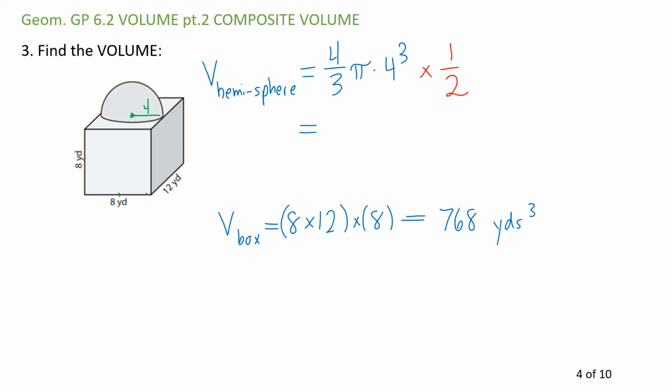So on this one, just going ahead and finding the volume of the sphere, and then divide that by 2, and you get 134.04, and that is also yards cubed.